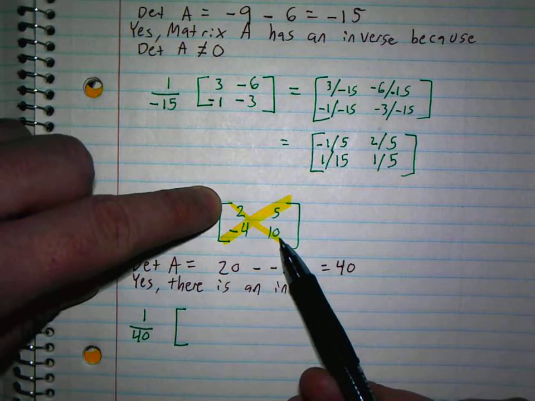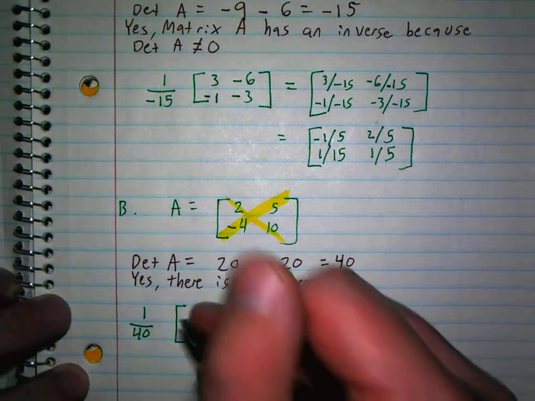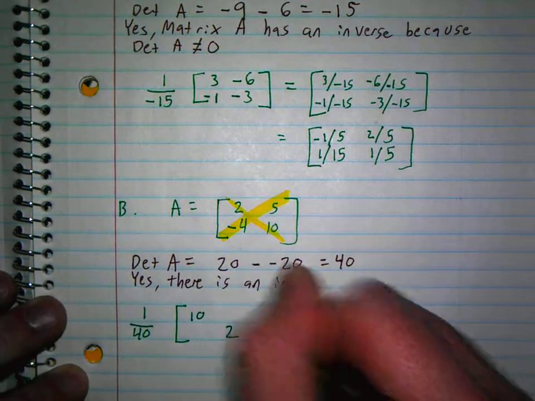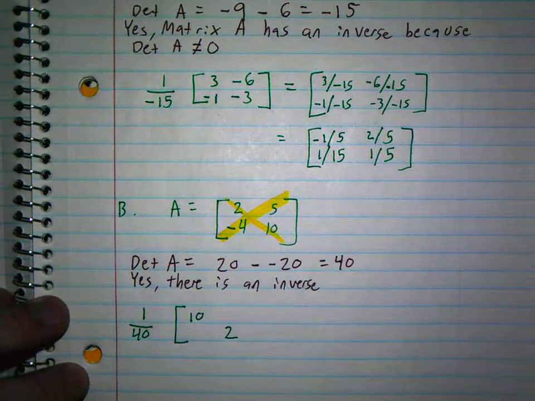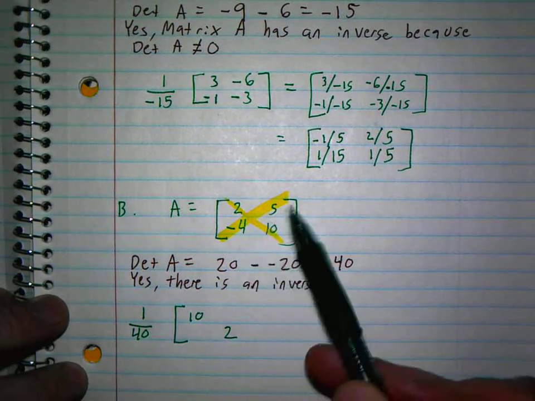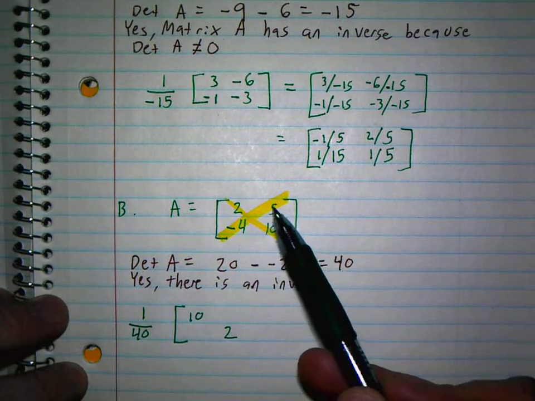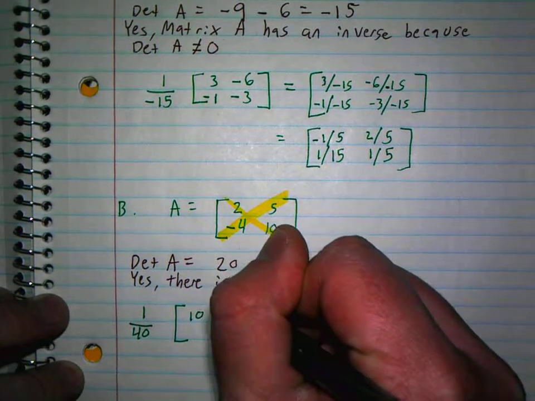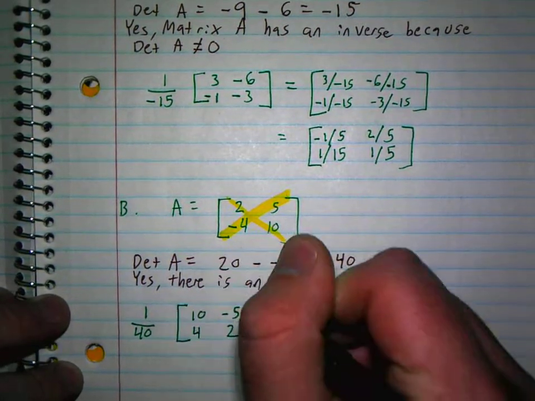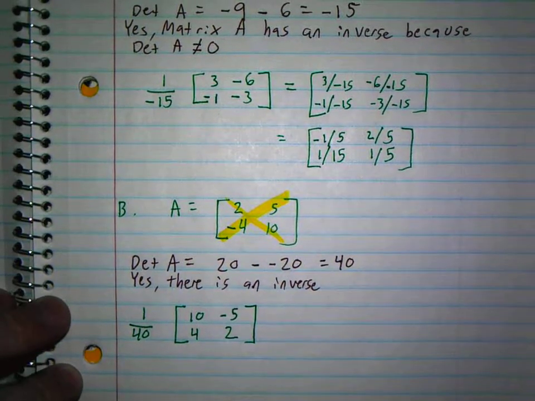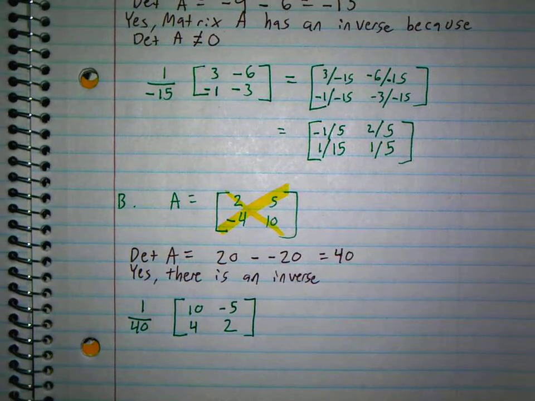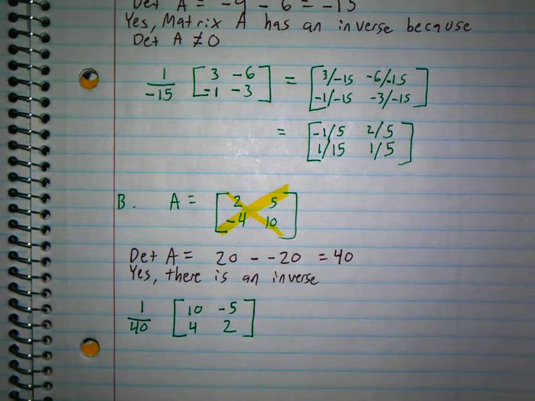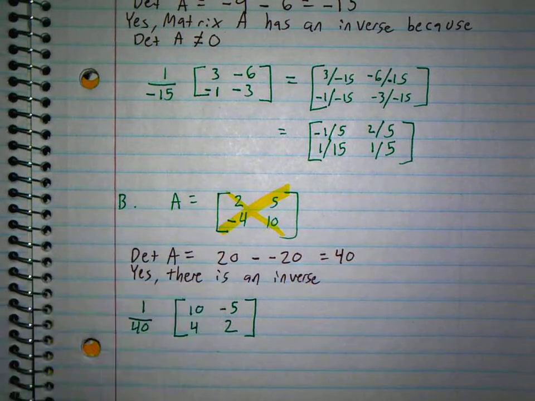So the 10 goes here, the 2 goes here. Okay. You swap those two. And then you do what to these two? Change the sign. So this becomes negative 5. That becomes 4. And then your next step is just to divide them all by 40. Now the common mistake people make is they swap and switch before they find the determinant. You have to find the determinant first and then swap and switch.